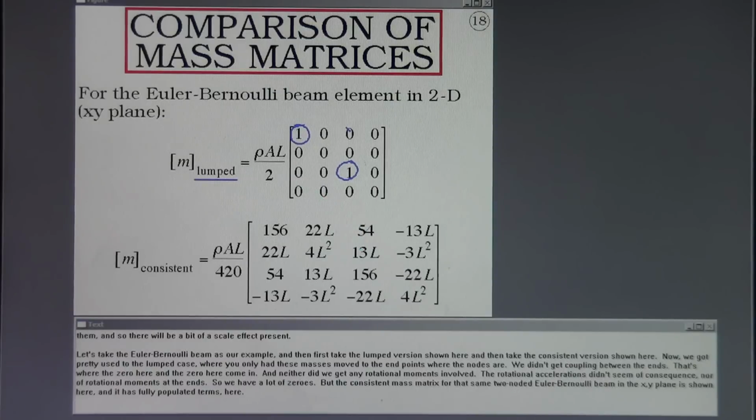Rotational accelerations didn't seem of consequence, nor of rotational moments at the ends. So we have a lot of zeros. But the consistent mass matrix for that same two-noded Euler-Bernoulli beam in the xy plane is shown here, and it has fully populated terms here.